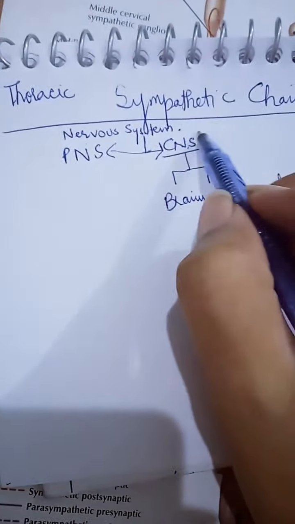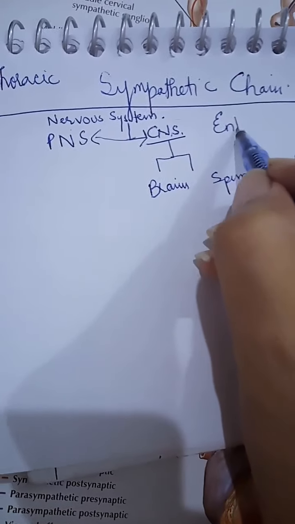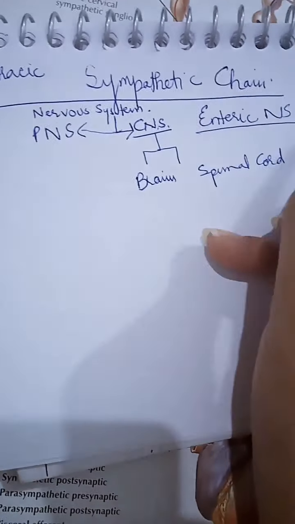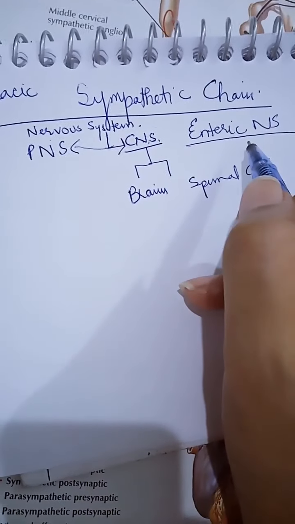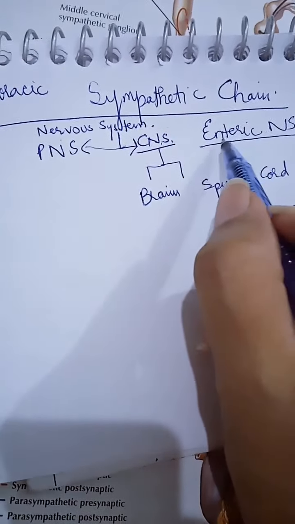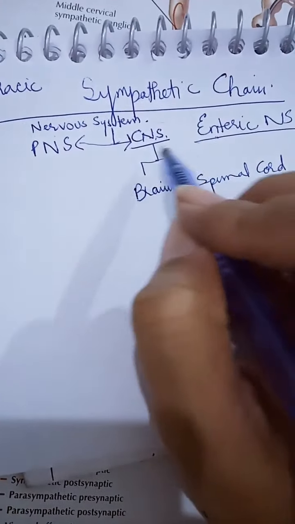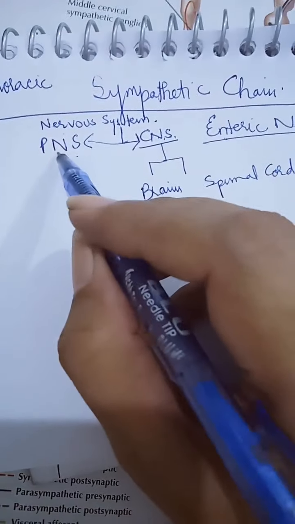There is another type of nervous system as well that we call the enteric nervous system. It is related to the gut, but it is part of the nervous system. You cannot exclude it. It is very much connected to the central nervous system.